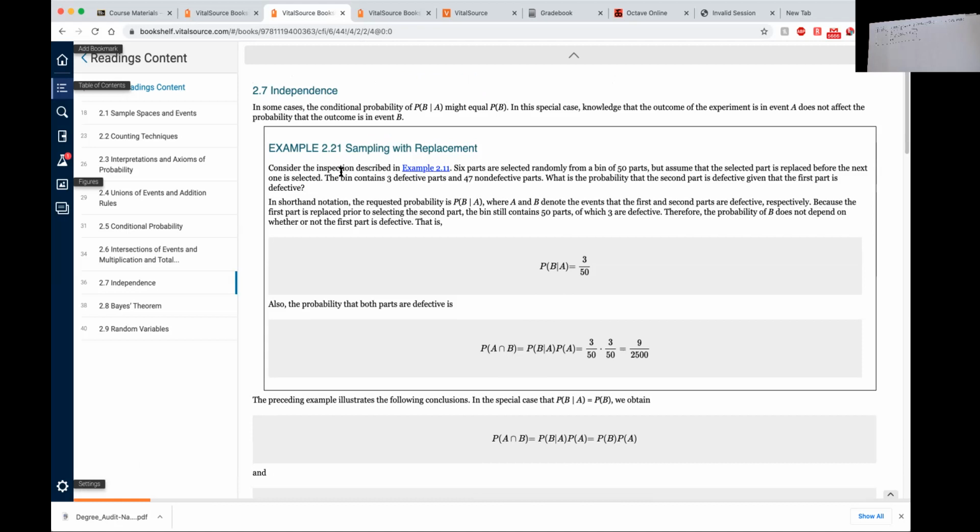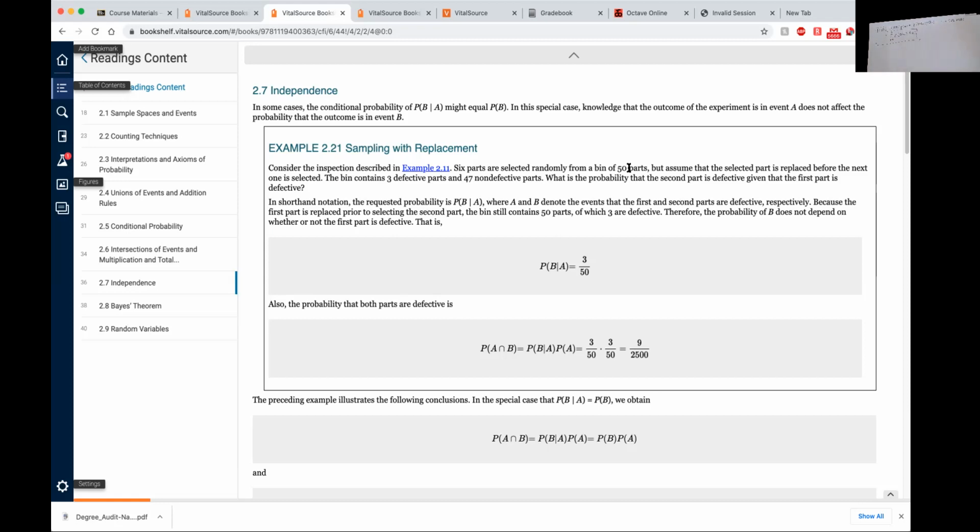Consider the inspection described in example 2.11. Please go back to that example and read it. Six parts are selected randomly from a bin of 50 parts, but assume that the selected part is replaced before the next one is selected. The bin contains 3 defective parts and 47 non-defective parts.